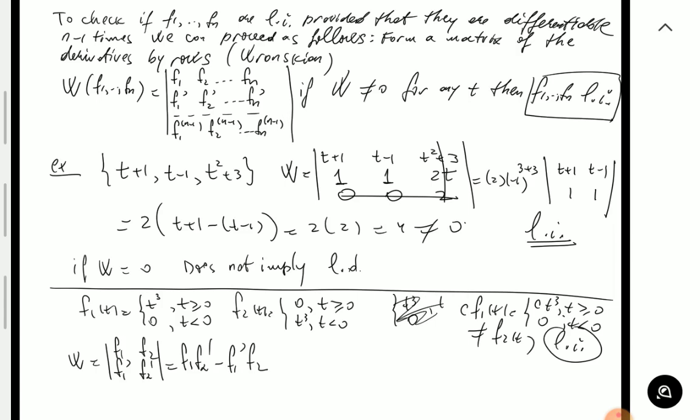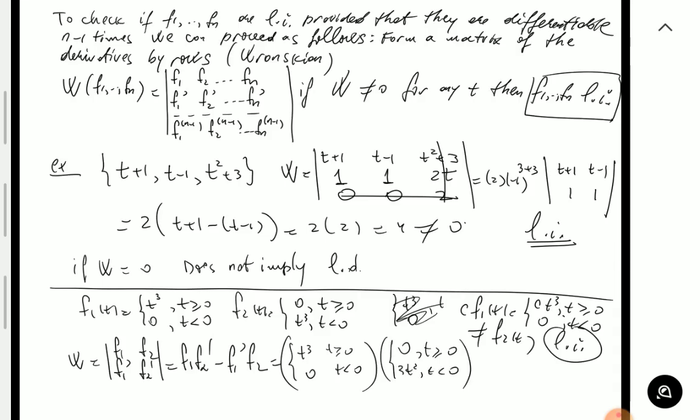Now let's think carefully here. f1 will be t cubed for t greater than 0 and 0 for t less than 0, which is multiplied by f2 prime, which is 0 for t greater than 0 and 3t squared for t less than 0.